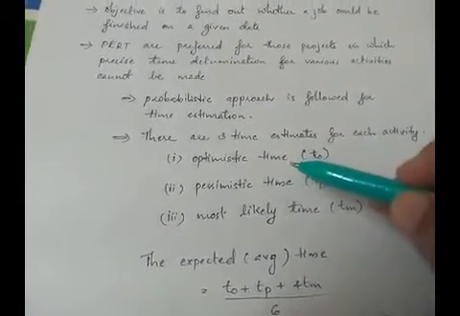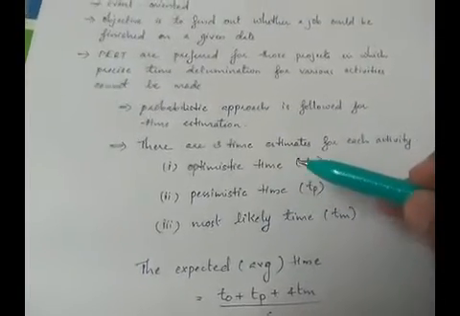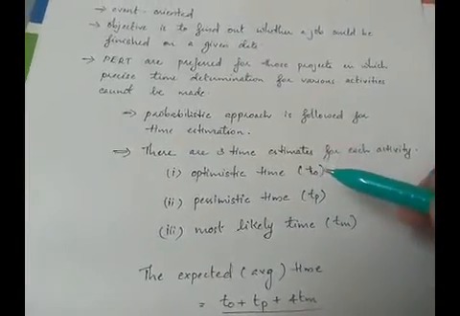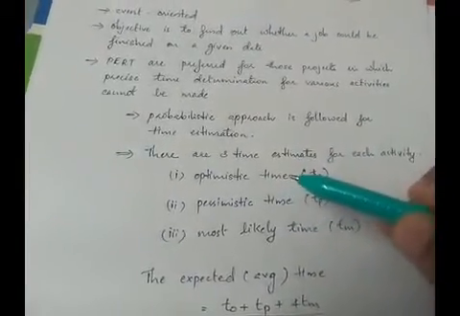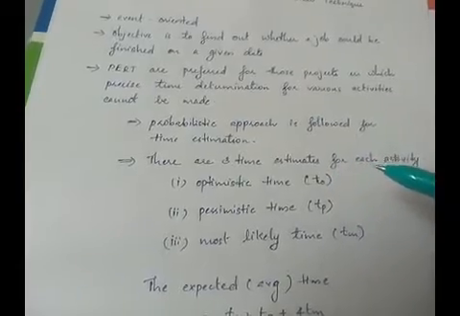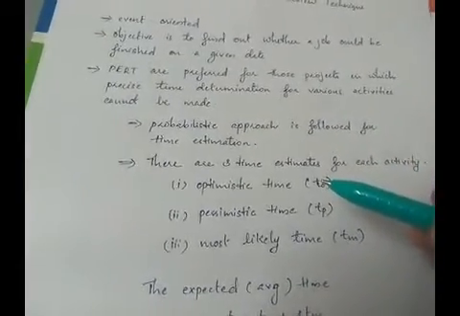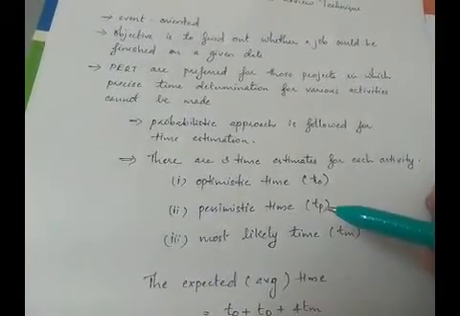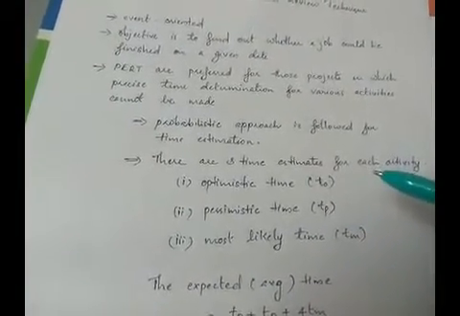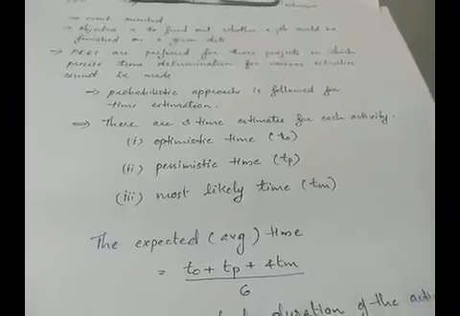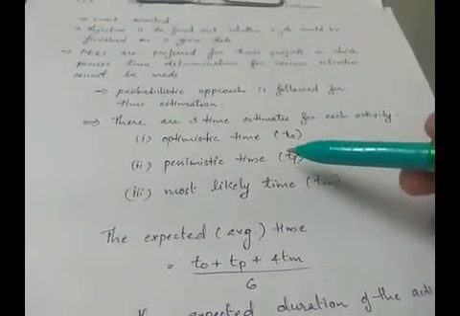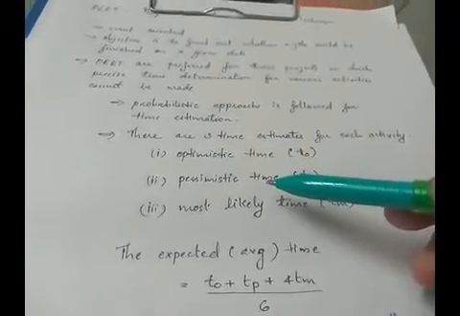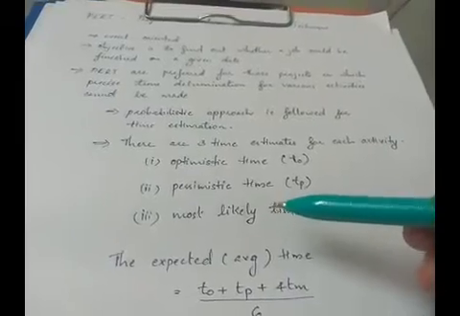Optimistic time is the shortest time the activity takes to complete if it has all the resources in time. Pessimistic time is the maximum time the activity takes. Most likely time is the time which occurs between the optimistic and pessimistic time. It is the time that the activity takes frequently.